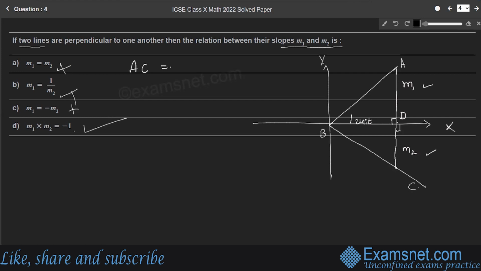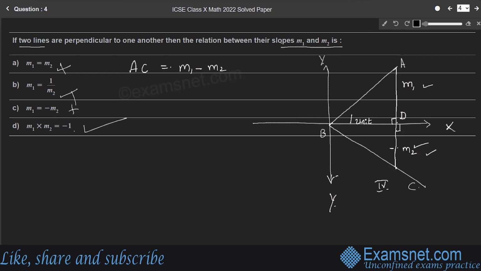So it is sum of the two slopes, AD and CD. Since M2 has negative value, here M2 value is negative, as the y-axis value is in the fourth quadrant. Therefore AC is M1 minus M2.